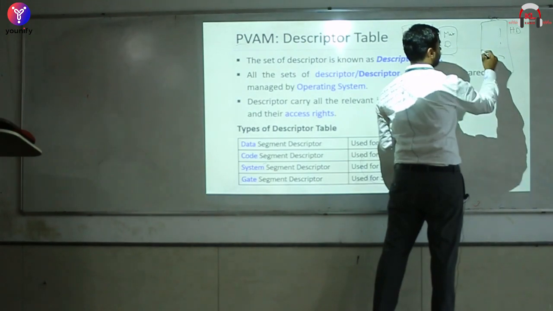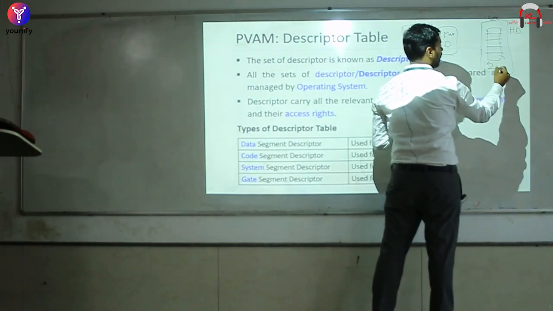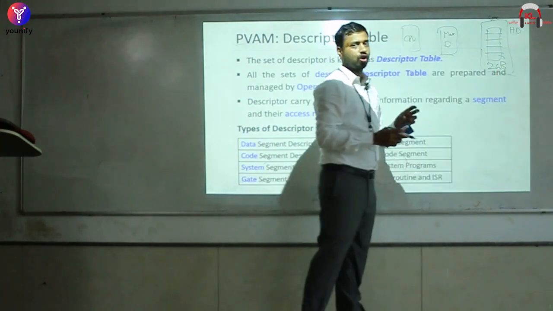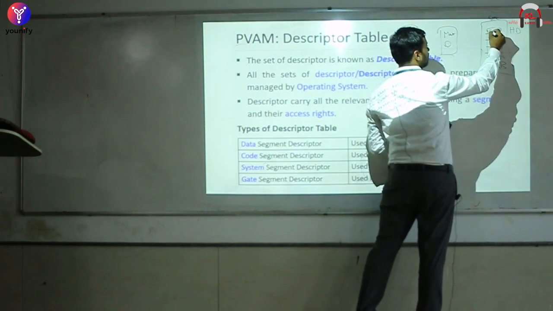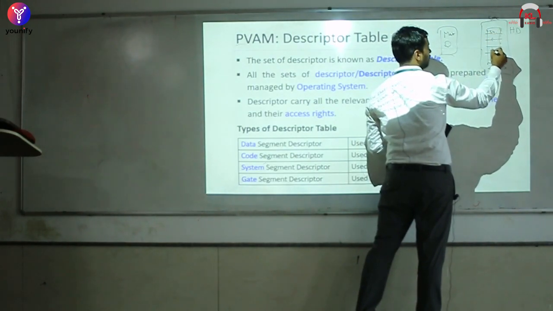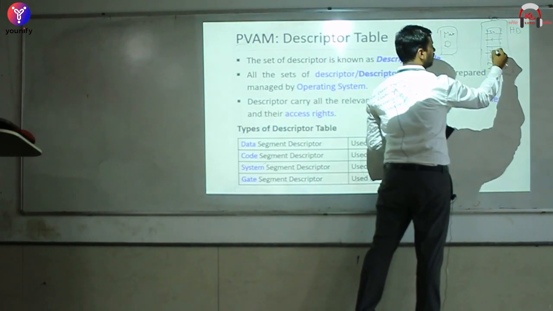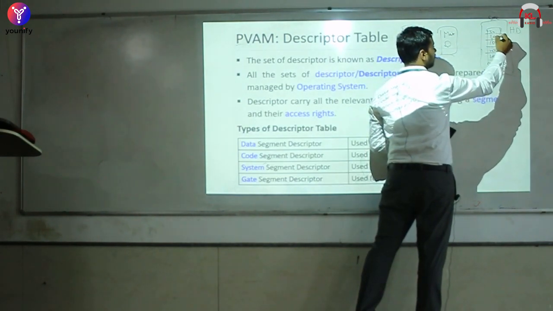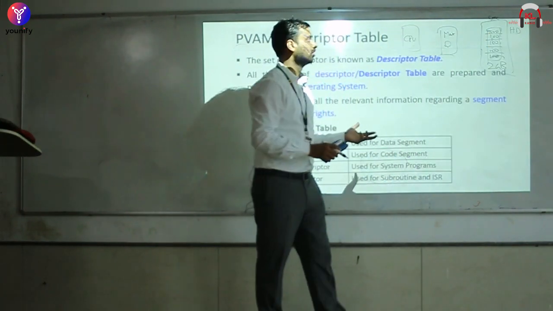If I have a 2 GB program, I won't have a single block of 2 GB. I'll divide it into a larger number of blocks. Maybe 500 MB, 500 MB, 500 MB and 500 MB. Or maybe much smaller, 100 MB, 100 MB, 100 MB. Like that, I end up having maybe 20 different blocks.